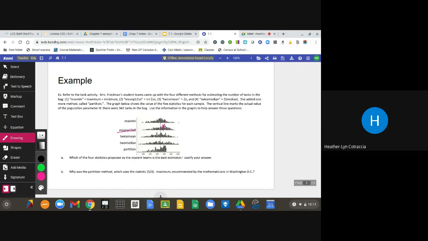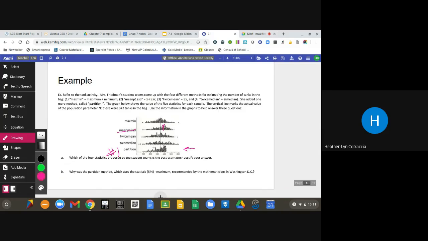The rest of them, the center pretty much lines up, so they would be okay. Then you're going to look for the one that has the least amount of variability. So in this case, it would be the partition one. Even though it's skewed, that doesn't matter. You're just looking for, does the center match, and then the smallest amount of variability. And I think that's what that second question asked, why would this be used? Well, because the center matches and there's the least amount of variability.